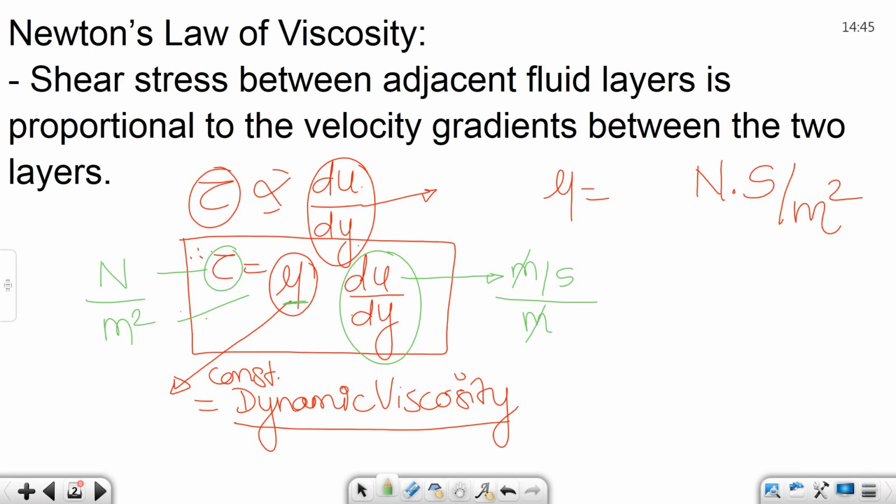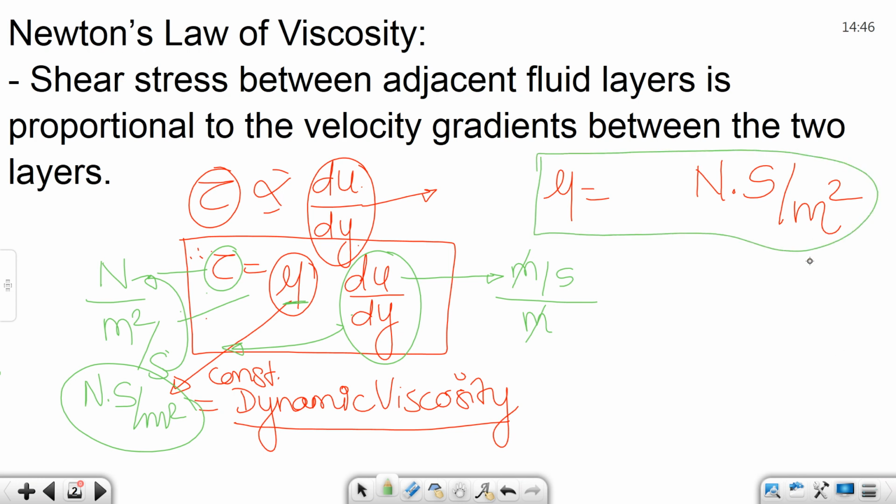So the unit for mu is equal to the tau unit divided by this term's unit. This term's unit is per second, so this per second goes here and the unit becomes Newton second per meter square. So the unit for dynamic viscosity is Newton second per meter square in SI.